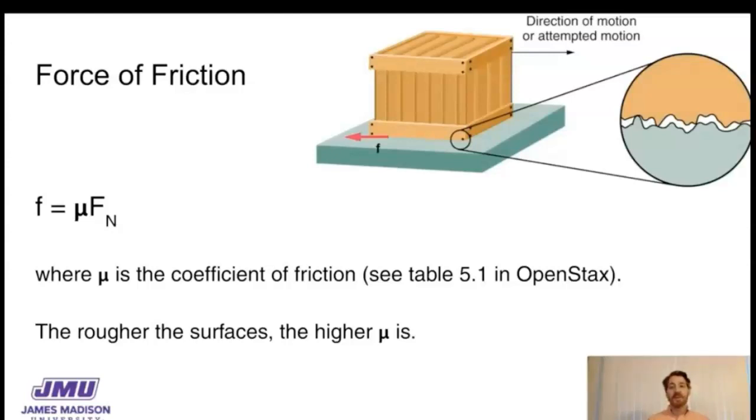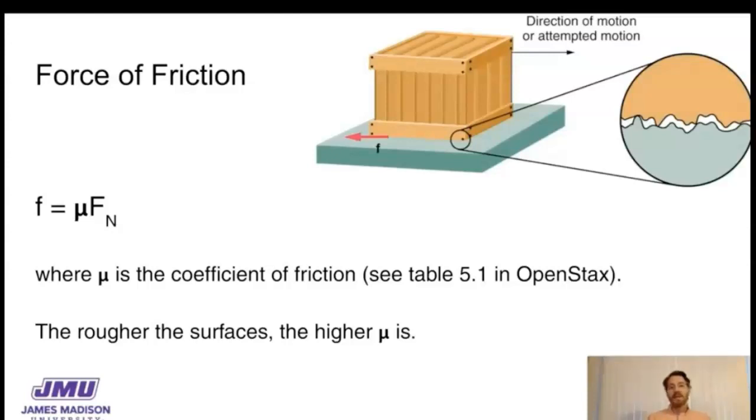So if you talk about something like metal on wet ice, your coefficient of friction would be very close to 0. But you need both surfaces. Metal by itself doesn't have a coefficient of friction. You have to know what it's on. So for example, metal on dry concrete would have a much higher coefficient of friction than metal on wet ice.